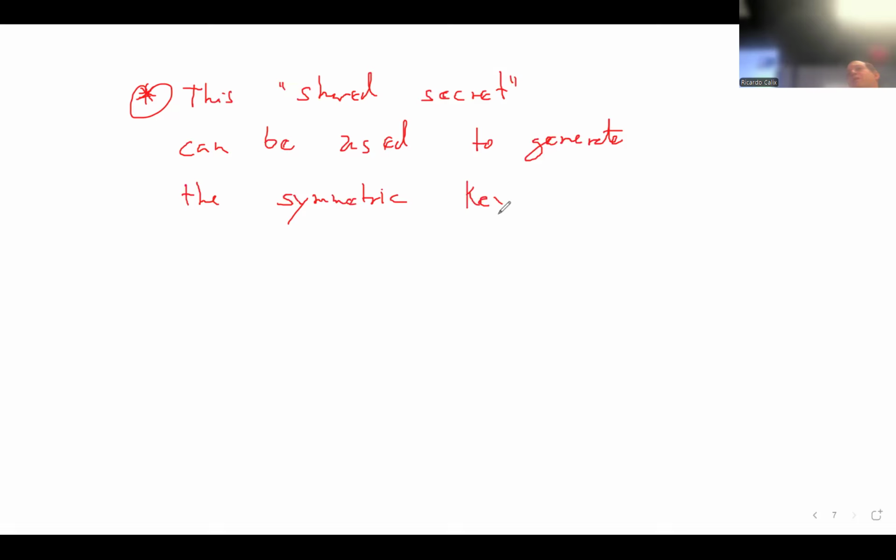And once you have that symmetric key, then you can use your favorite AES, DES, whatever it is, to do confidentiality. Okay? And you achieve key exchange, essentially, with this approach.